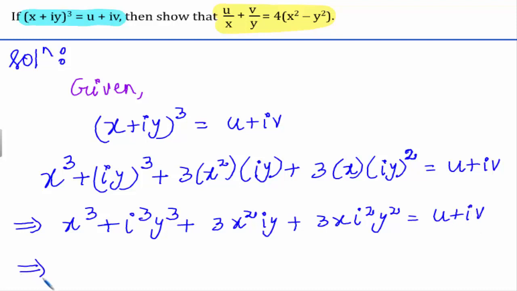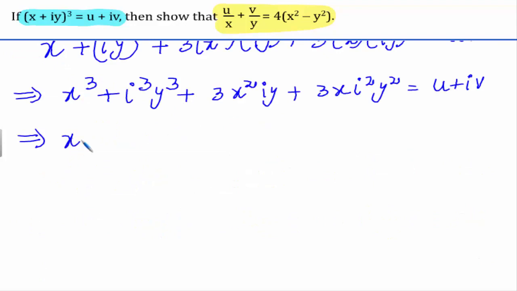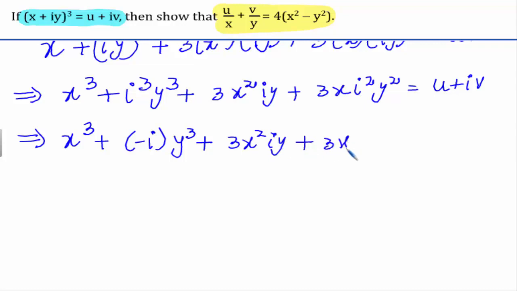This implies x³ + (−i)y³ + 3x²iy + 3x multiplied by (−1)y² is equal to u + iv.